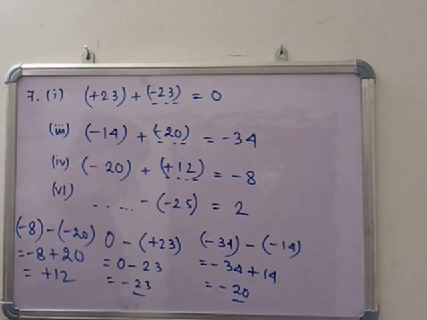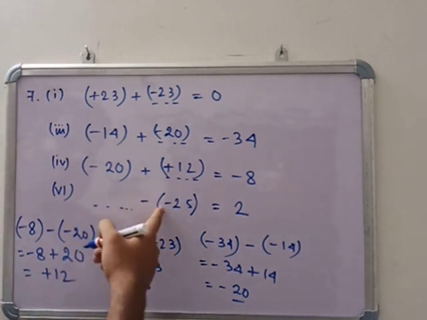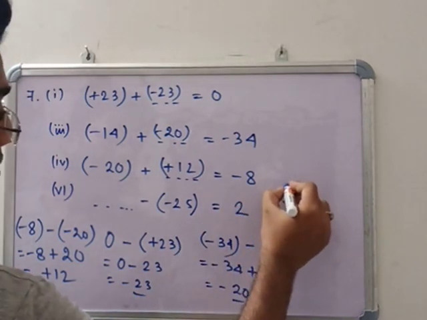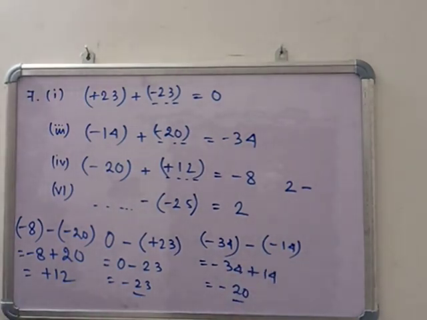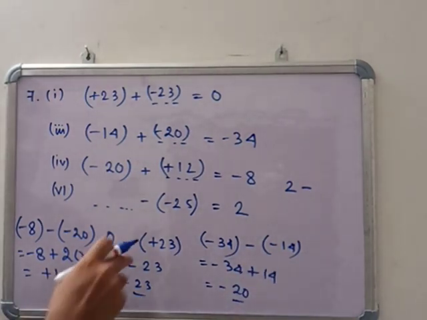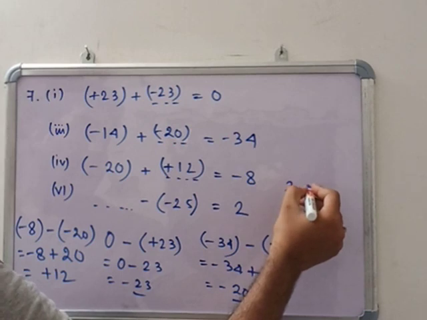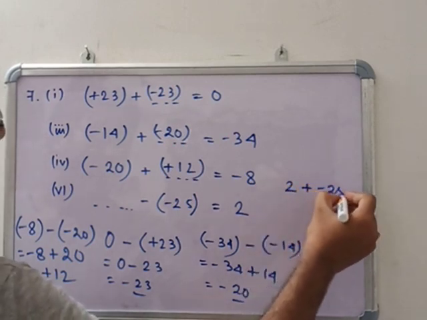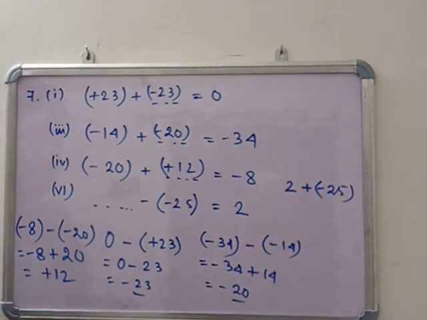Okay. And number 6, see that? Minus of minus 25. We are getting answer plus 2. That means 2 plus, because the minus sign is there in the middle.